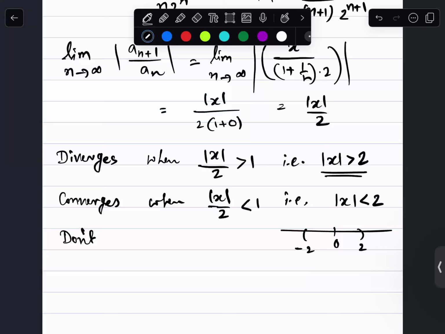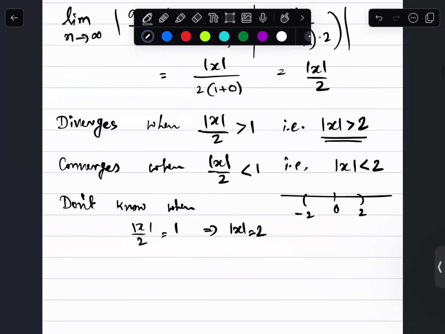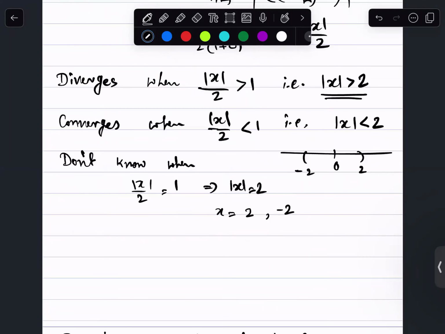But we don't know about the endpoints, when modulus of x over 2 is 1, which is just modulus of x is 2. So when modulus of x is 2, x has to be either 2 or minus 2. So we have to check at the endpoints.